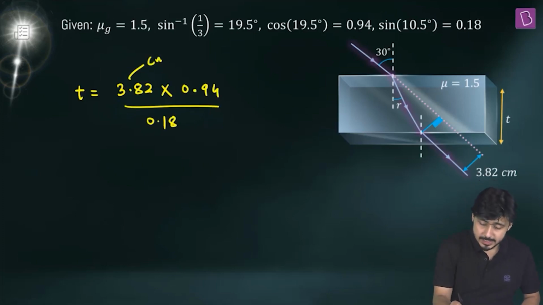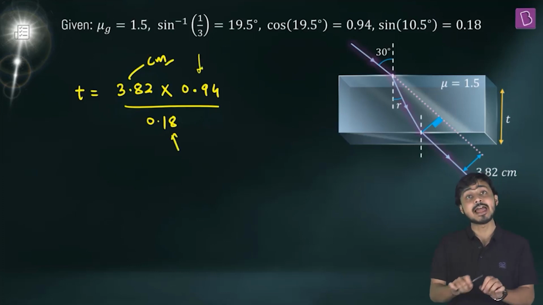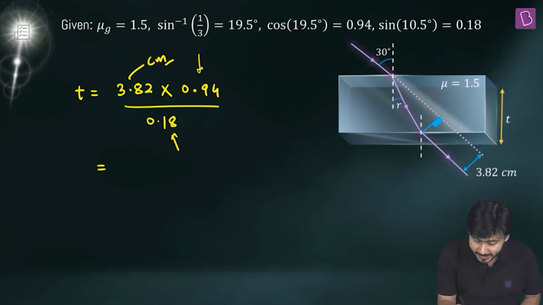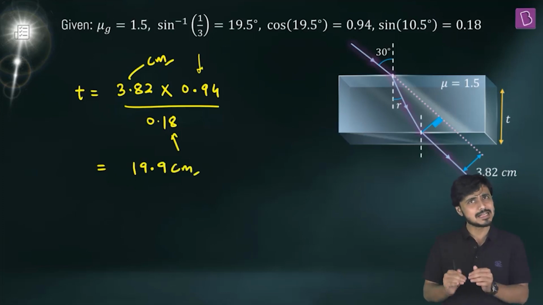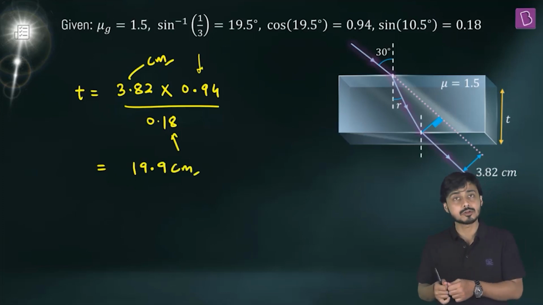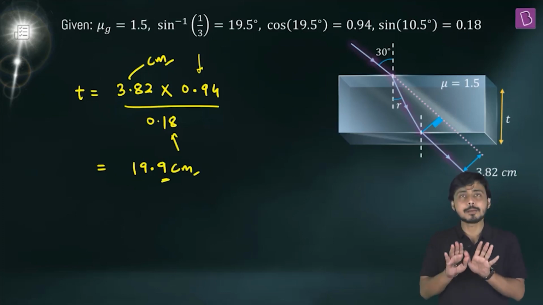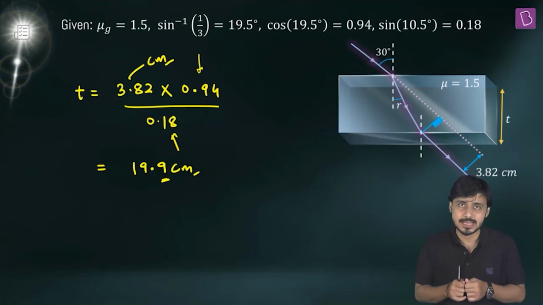This was in centimeter and all these were angles, so the value of T as calculated by this formula will be in centimeter. If you calculate, it comes out to be 19.9 centimeter. You can go to more decimal places, but it's approximately 19.9 centimeter.